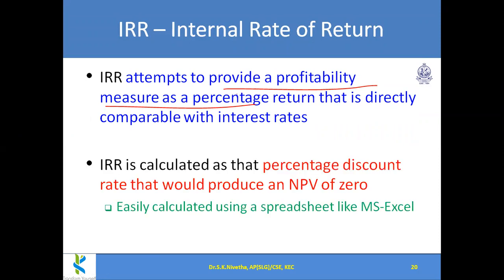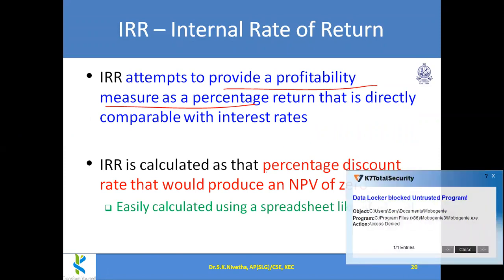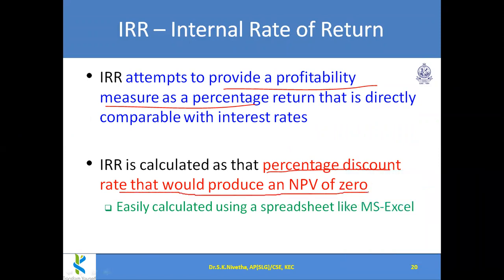Like we can think of this, we can calculate this internal rate of return as the percentage discount rate that would produce NPV value 0. So like previously we have calculated for project 1, 2, 3 and all, NPV value 618. For some projects it is going negative.